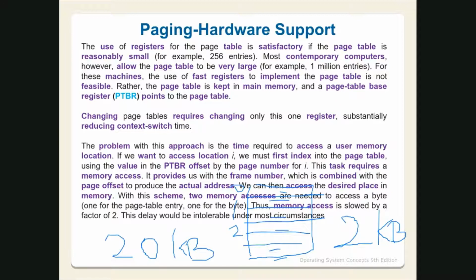In case you want to use registers, you need to have a small process, then you will have a small number of pages. The registers will keep the page frame number of each page. Can you get the idea? Remember, there are not many registers. Only a few registers are available.